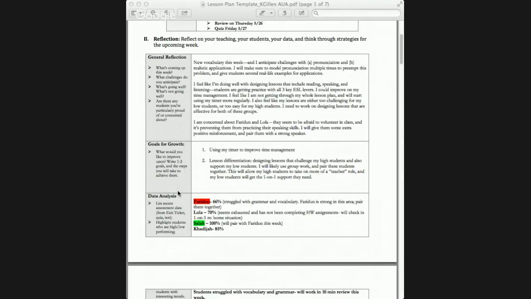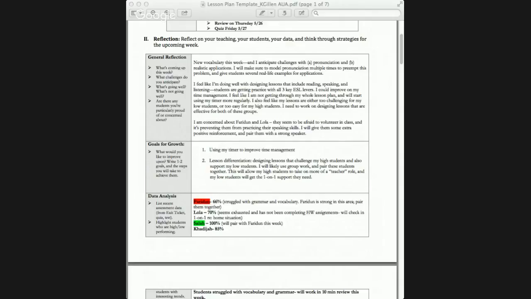So here in my general reflection, I'm teaching new vocabulary this week, and I'm anticipating challenges with pronunciation and with realistic applications. To preempt those problems, I'm going to make sure to model pronunciation multiple times in my lesson, and to also give students several real-life vocabulary applications, so the students understand exactly how to use and pronounce those words.